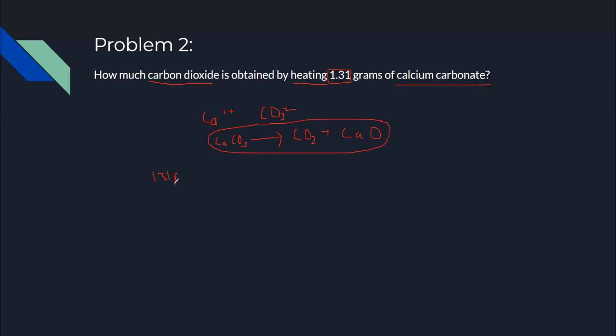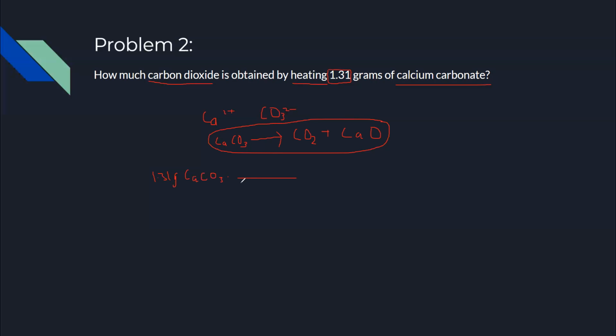So 1.31 grams CaCO3 times, how many grams of CaCO3 is 1 mole? That's 40 plus 12 plus 48.